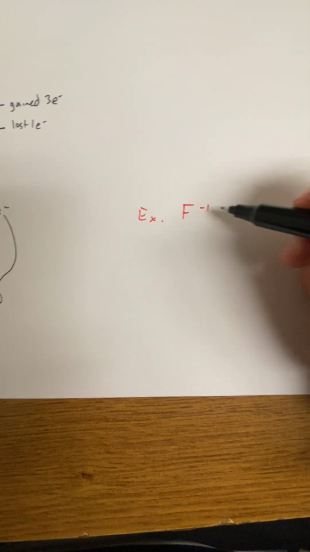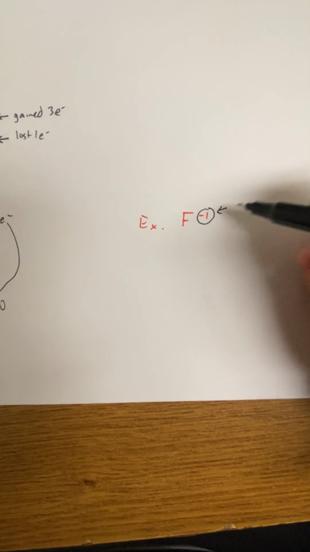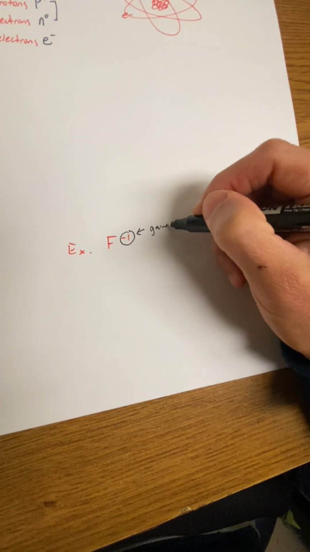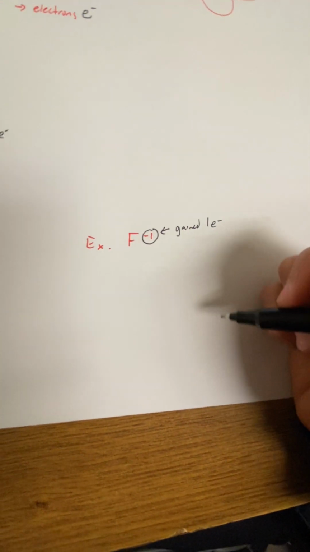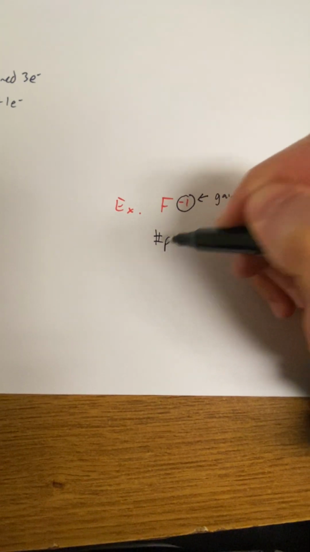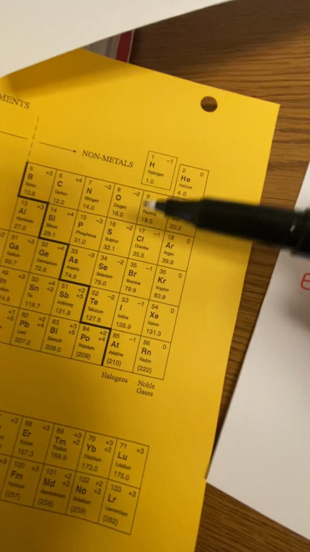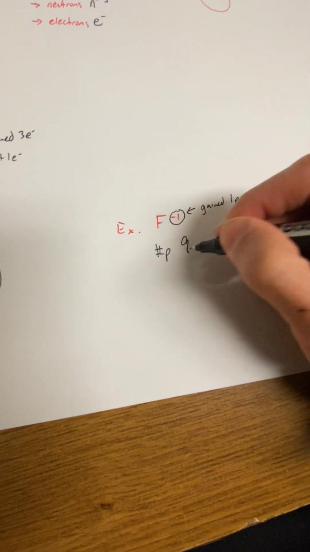If I look at an example of a negative ion, remember, getting negative means I'm gaining those electrons. So this means gained 1 electron. So to find the number of protons, I need to find fluorine, and I need to find out its atomic number. Fluorine's over here, has an atomic number of 9, so 9 protons.